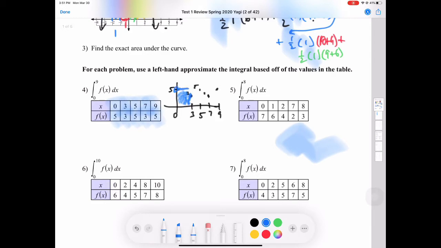So we're going this way. Between 3 and 5, for my next rectangle, that's going to be a 3, left hand. Between 5 and 7, we said left hand. And between 7 and 9, we said left hand. So that's going to be a little shorter.